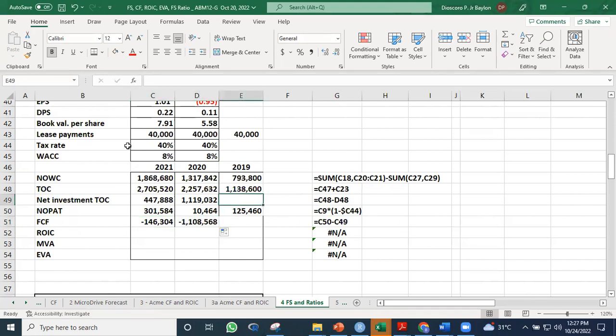Since wala tayong figures dito, wala tayong free cash flow for 2019 kasi hindi kompleto yung data natin. Yeah, thank you. That's correct, Jeremy. Tama yung sinabi ni Jeremy dito, NOPAT minus net investment in TOC.